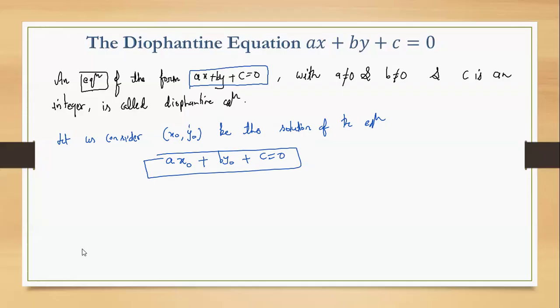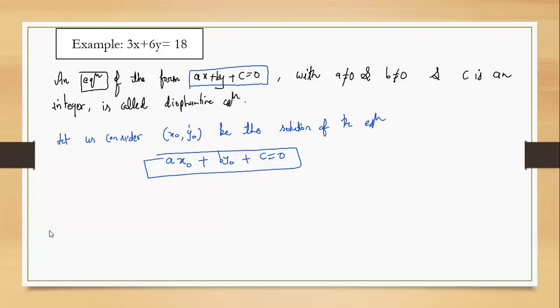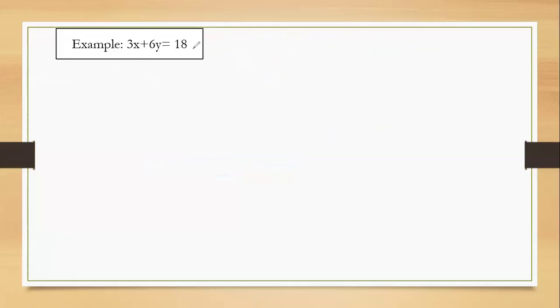We'll understand through the examples. So let me move on to the next example: 3x + 6y = 18. This is a Diophantine equation and it can have a number of solutions.